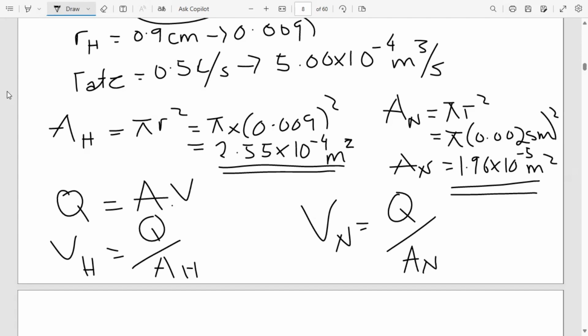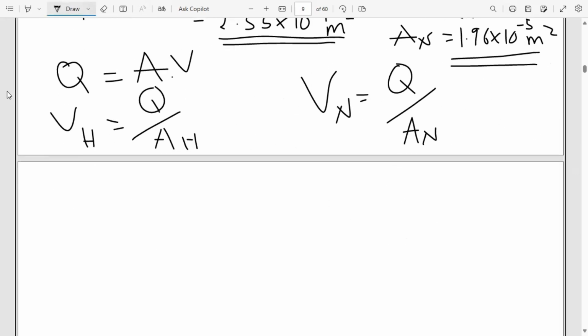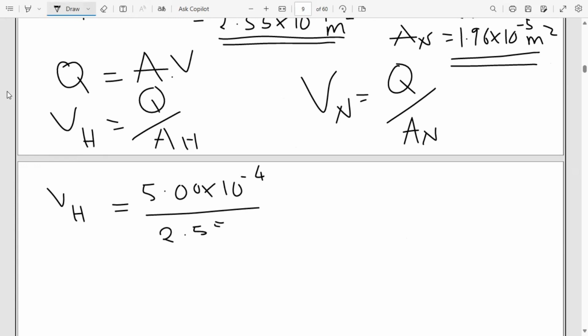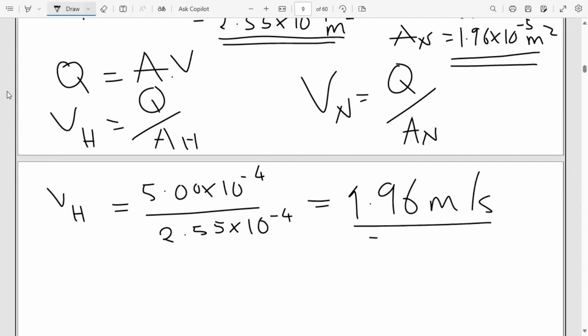So let's use this formula to find the velocities. Velocity in the holes will be equal to 5.00 times 10 to the power minus 4 divided by 2.55 times 10 to the power minus 4, like this. This gives us the velocity in the holes of 1.96 meters per second.